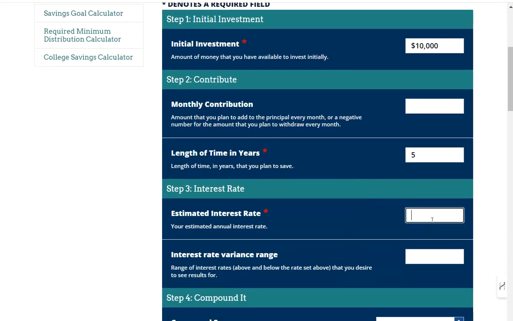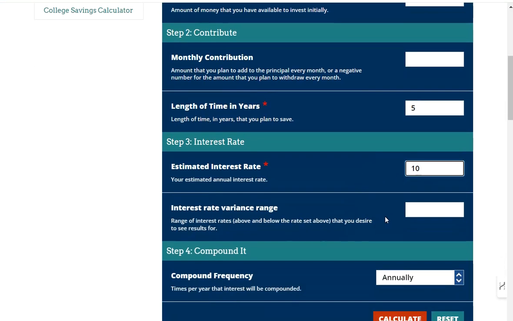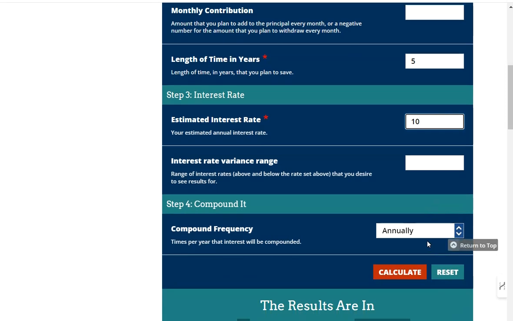At what interest rate? Let's assume about a 10% interest rate. The interest rate variance range, just leave it, because you're going to have a constant interest rate throughout the period. And then how often the interest is going to be compounded. Let's say every 1 year, that is annually. So we select annually.